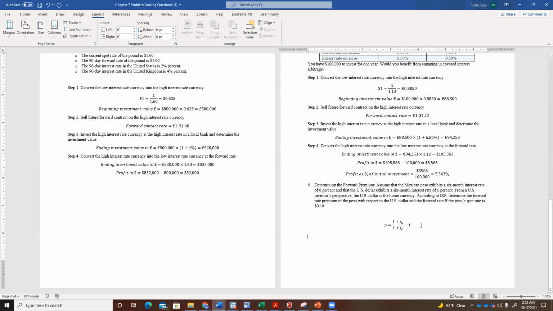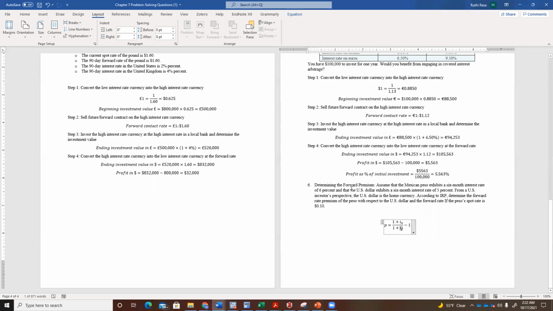Now, according to the formula, you need to know the home country interest rate and the foreign country interest rate, then you can actually calculate your forward premium.